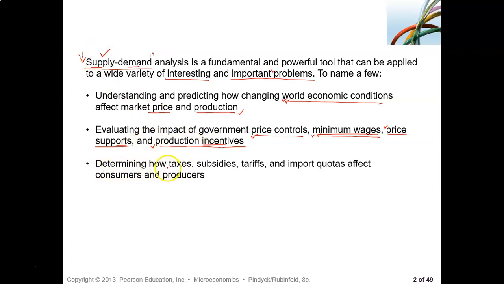Then determining how taxes, subsidies, tariffs, and import quotas affect consumers and producers, right? From time to time, the government may impose a tax on consumers, or give a subsidy to the producers, like a production incentive, or impose a tariff.